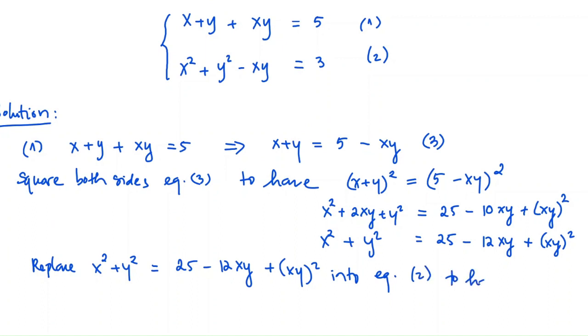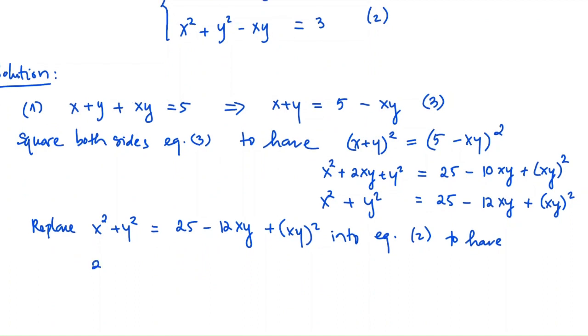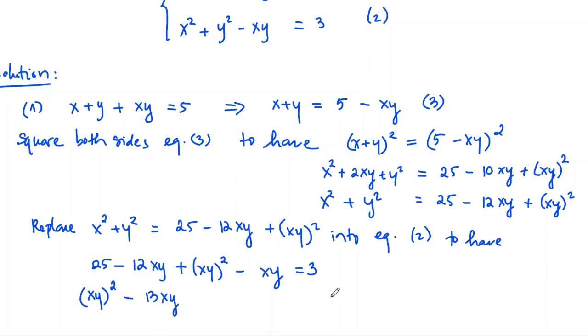Instead of x squared plus y squared, we have 25 minus 12xy plus xy squared, minus xy, equal to 3. Now we just have xy, so I combine them and put xy squared in front: xy squared minus 13xy, and then I move 3 to the left side, becoming negative 3, so 25 minus 3 is plus 22, equal to 0.